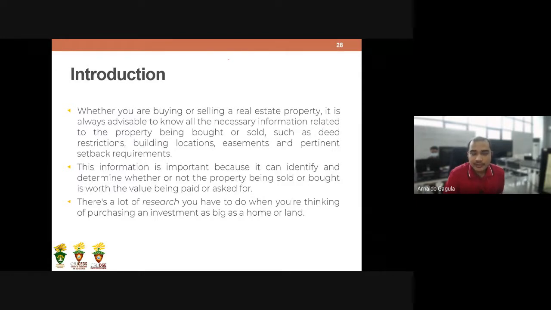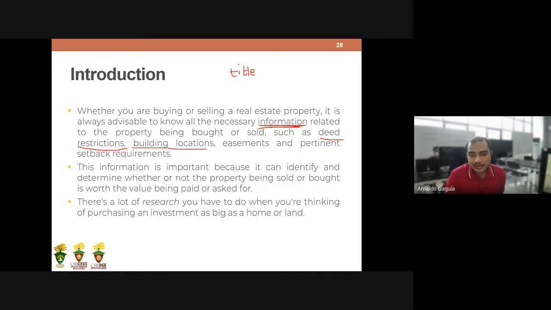Of course, if someone offers you a tract of land and says, sir, I have this tract of land and I will sell it to you, before you buy it you need to know all the necessary information related to that land or property, such as the deed restrictions or the documentary aspects, like the title, the documents of the seller.